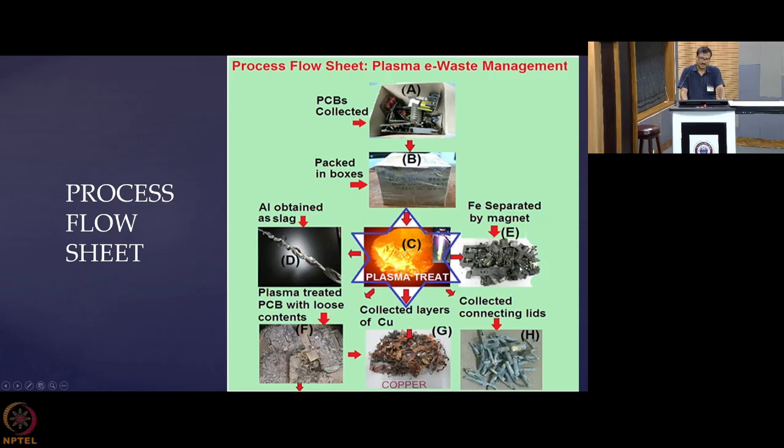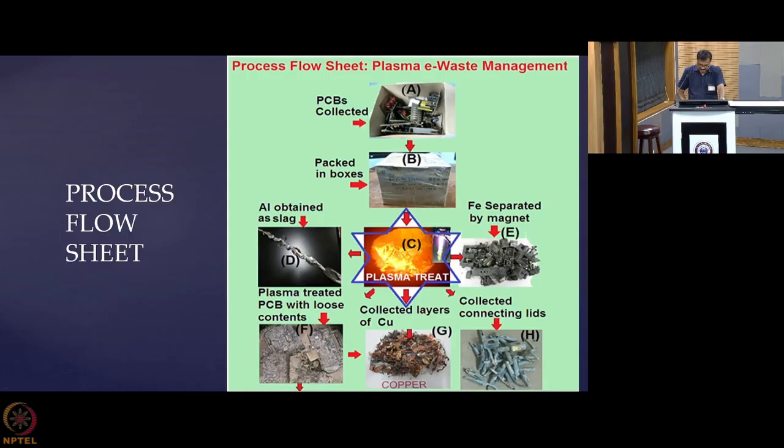So these are collected using a magnet, and inside the matrix where the electronic components are attached, there are copper foils inside, and then these are the connecting layers which may have precious metals which you can extract using conventional techniques.